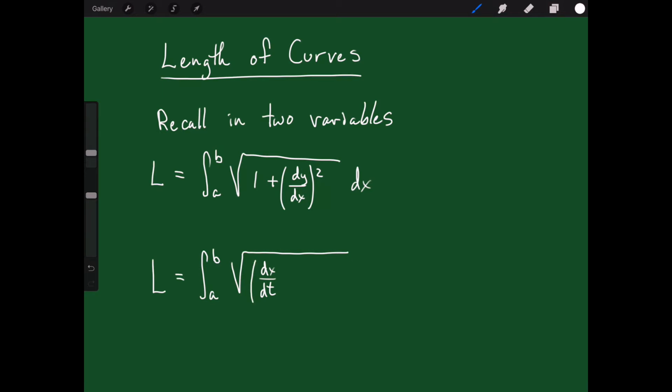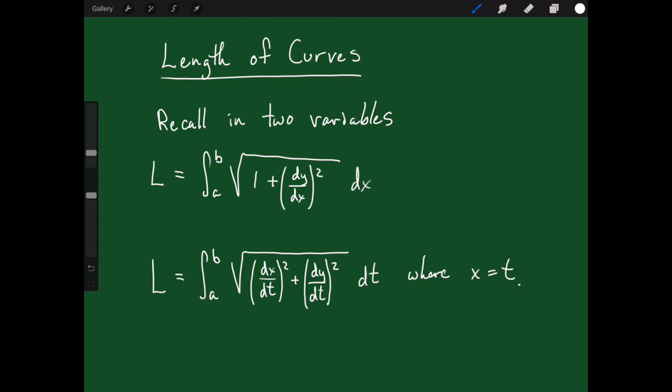So that's just 1 squared plus dy dt squared dt, where x equals t.